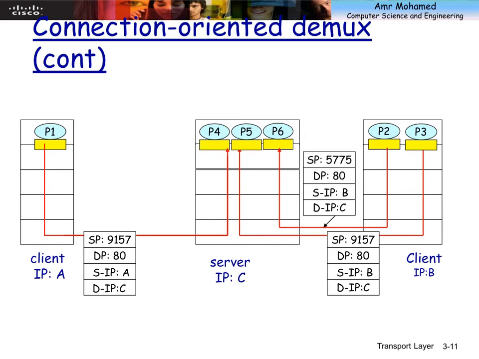So for connection-oriented, if you have one client like this, you have source port, destination port, source IP address and destination IP address. Whether you are talking about the fact that you have two applications on one side, each of these will have to have different sockets at the server side, even if it's coming from the same host.